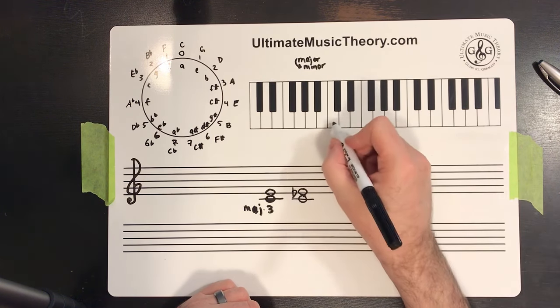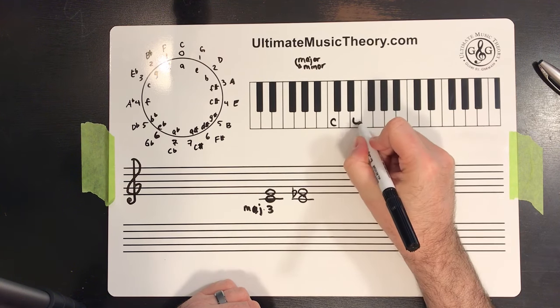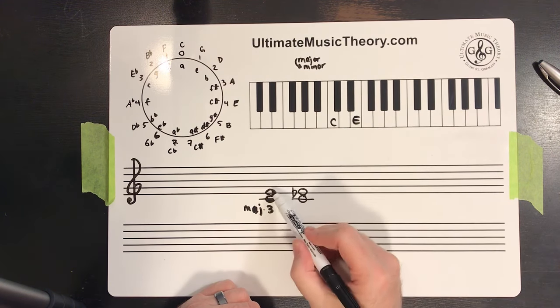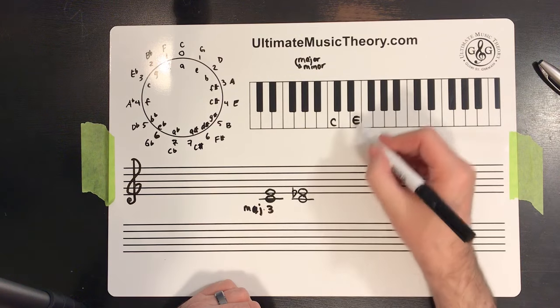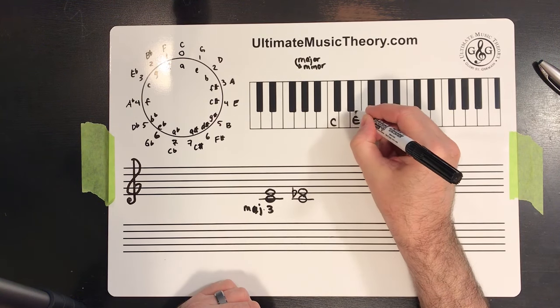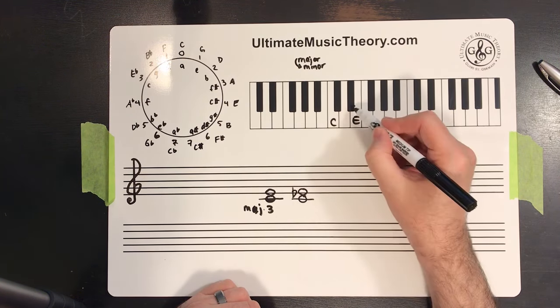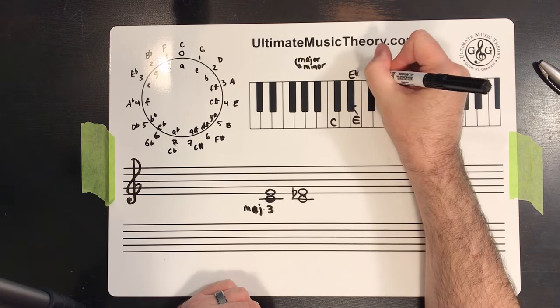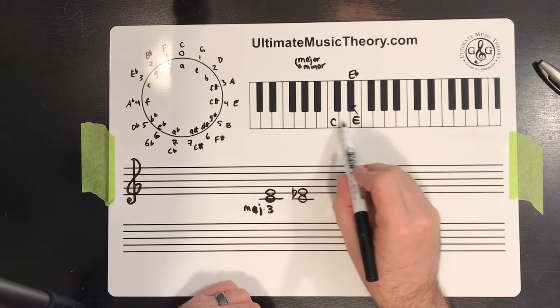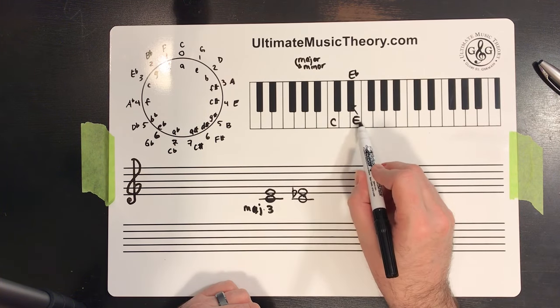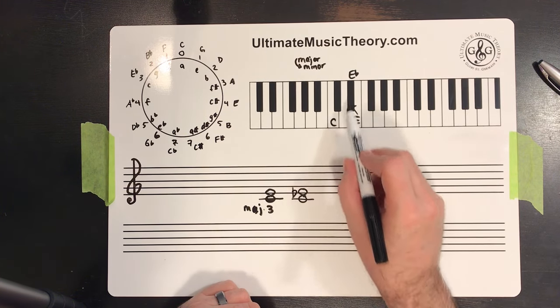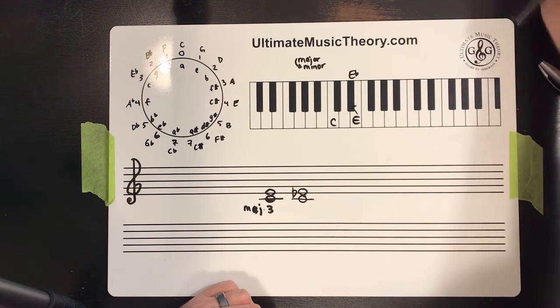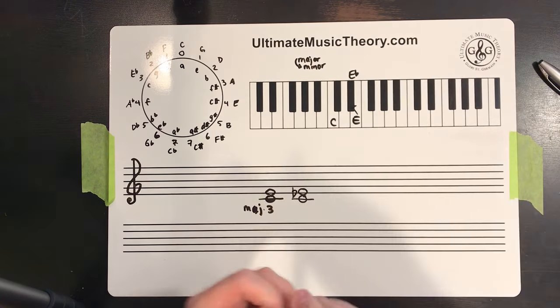In our first interval, we had a C to an E, so that's this one here. And to make it into a minor interval, we just lowered it 1 semitone from a C to an E flat. Major is 1, 2, 3, 4 steps, and minor is 1, 2, 3 steps. Okay? So that's the difference between major and minor.